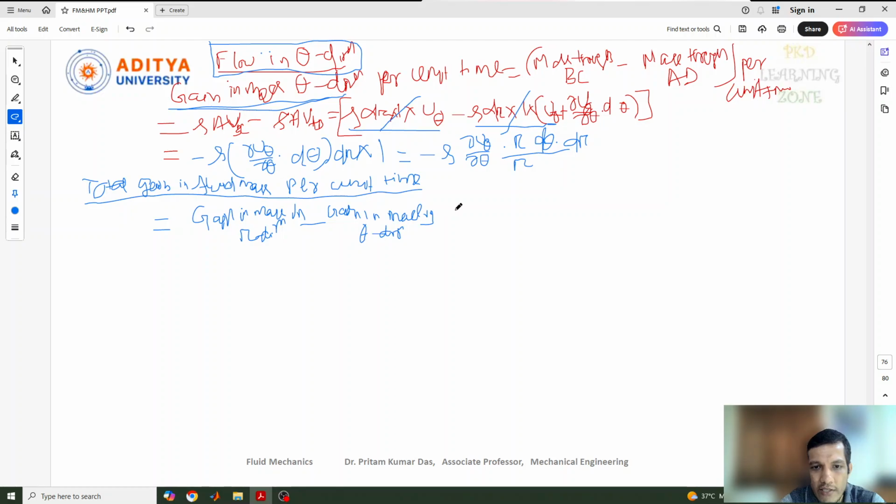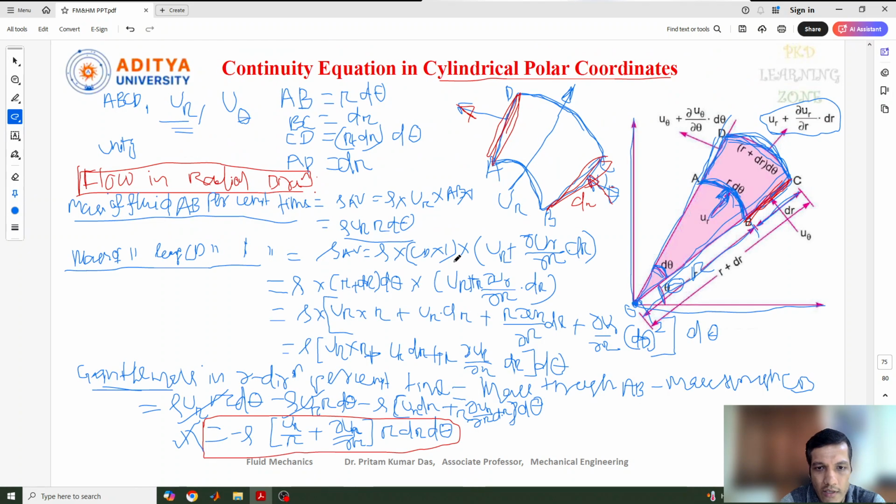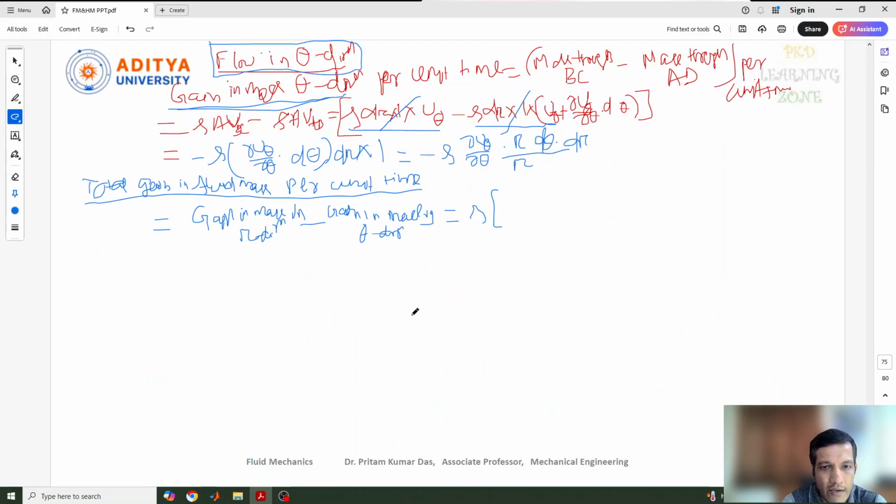So just write these two equation values. Previously we got the equation rho into (ur by r plus del ur by del r) into r dr d theta. This is the value for the gain in mass in the radial direction.